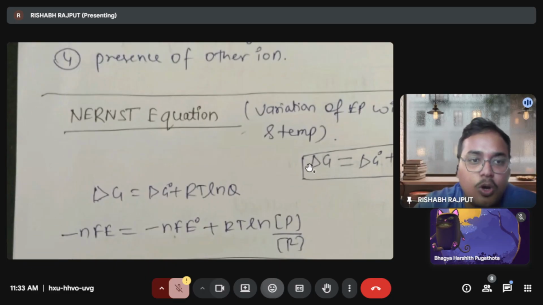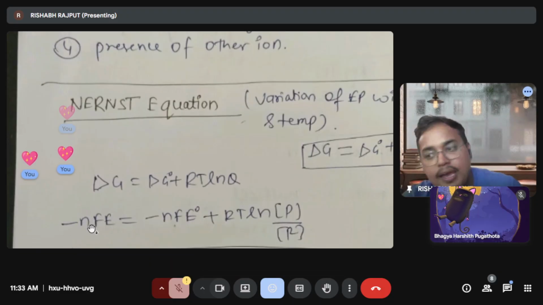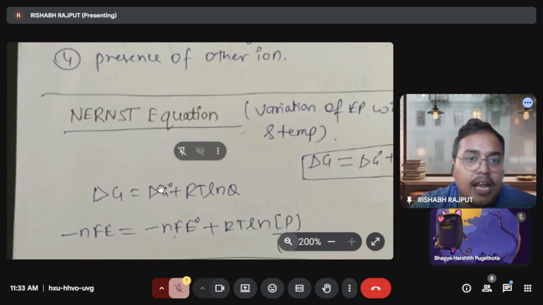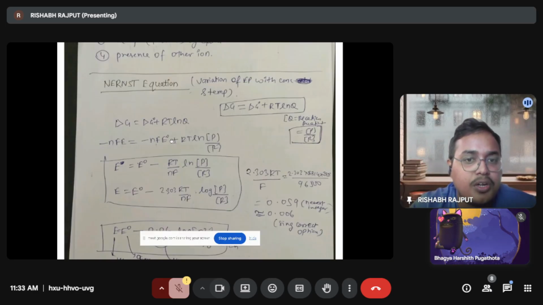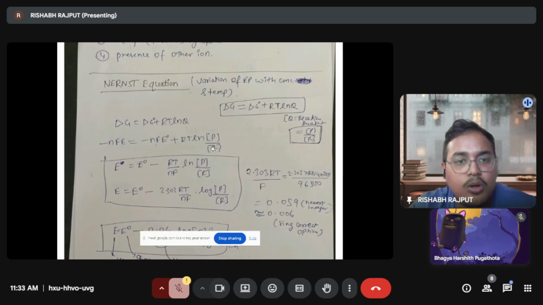So delta G, as I already told you, is minus nFE, and delta G naught is minus nFE naught, plus RT ln Q, where Q is the reaction quotient, product concentration upon reactant concentration.